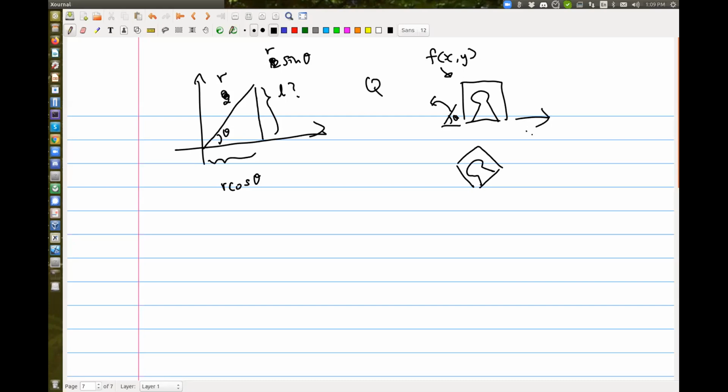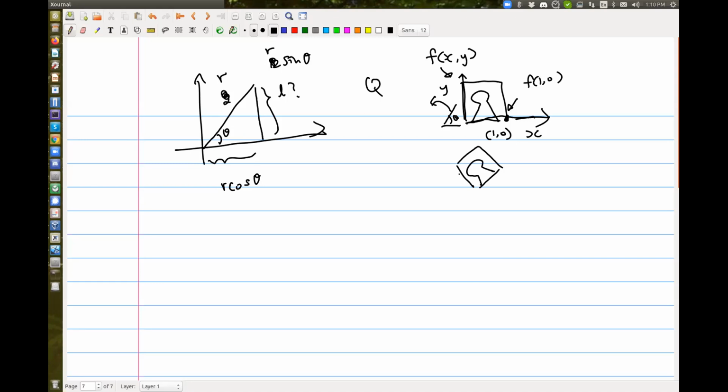Let's use the Euclidean coordinates that we are familiar with instead of what computer users use. Let's say this is the x-axis, this is the y-axis. Say I have some point here, let's say (1, 0), and I have some intensity here, which is f(1, 0).